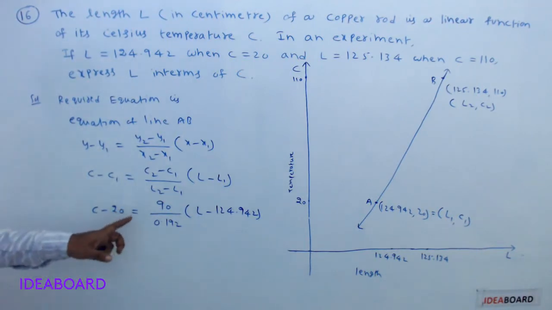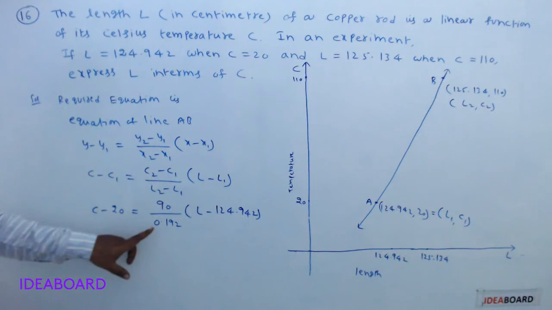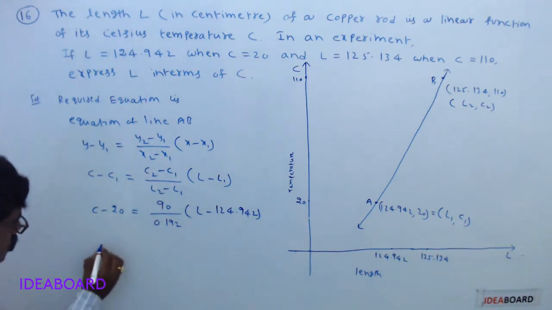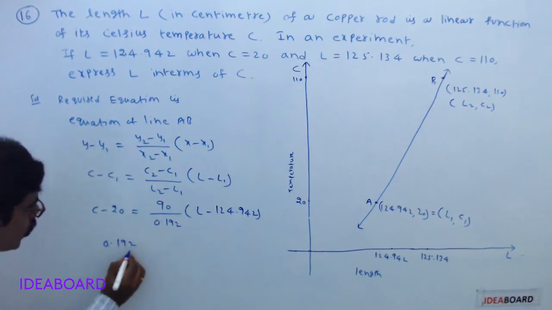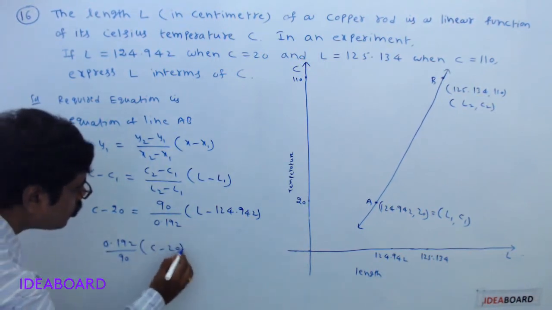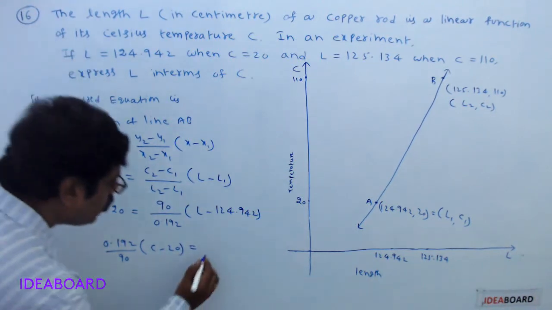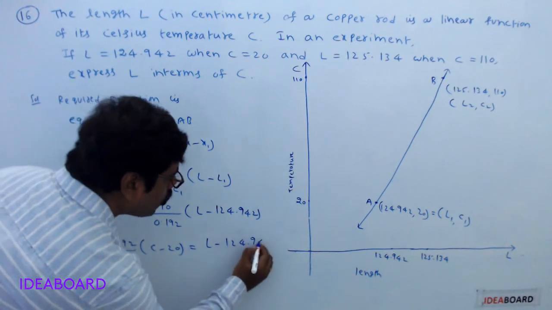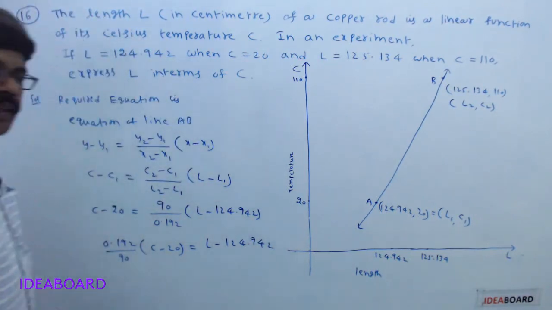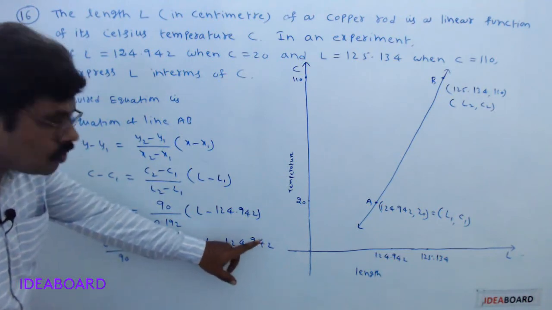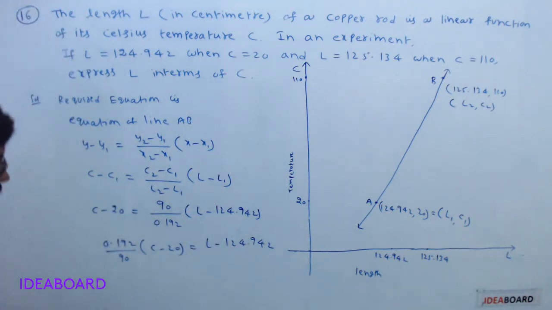Now multiply this equation on both sides by 0.192 divided by 90. So it is 0.192 divided by 90 into (C minus 20) equals L minus 124.942. Now bring this minus 124.942 from the RHS to the LHS.